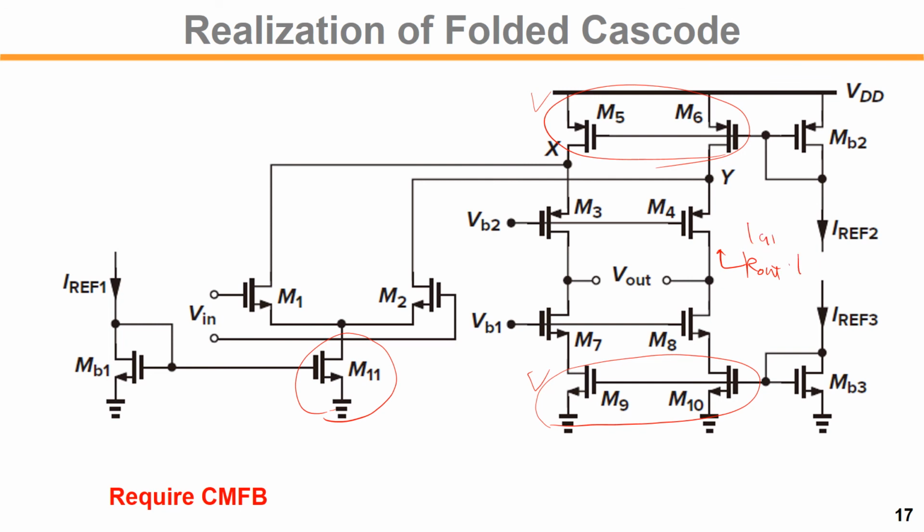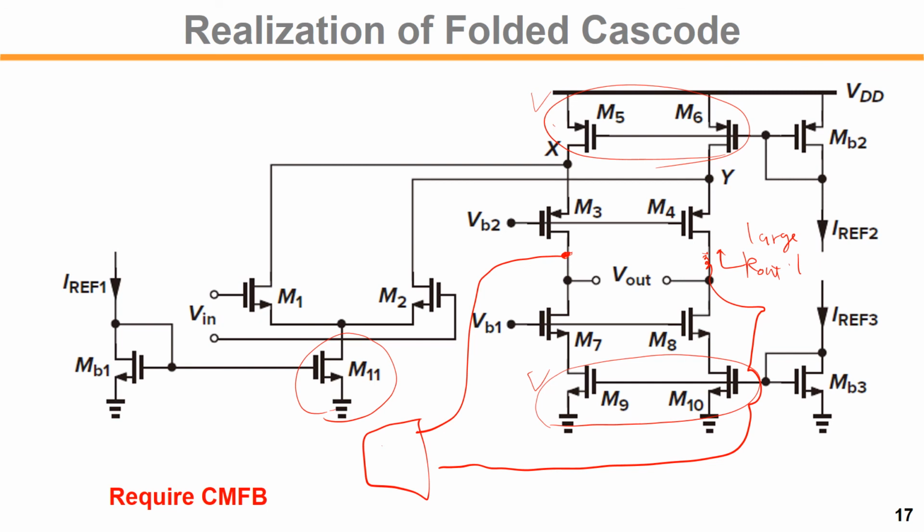right? So if there is any mismatch current flows between pull up and pull down, a slight mismatch will cause the output common mode voltage going up and down. So we have to have some kind of a way to take out the output voltage here and then extract the common mode voltage.